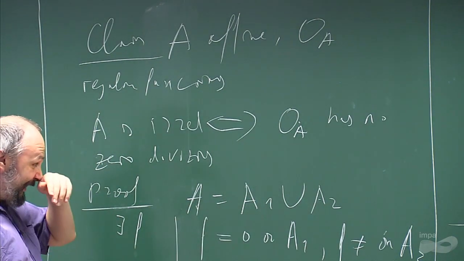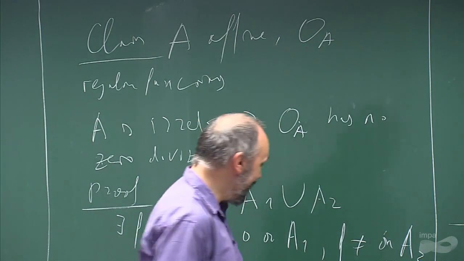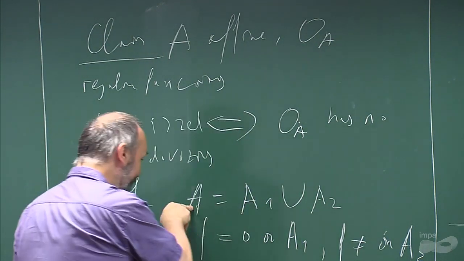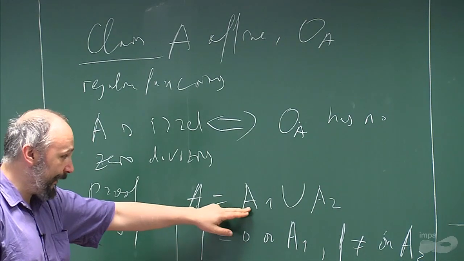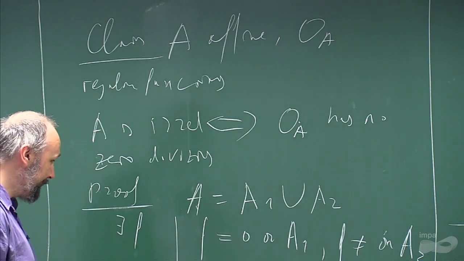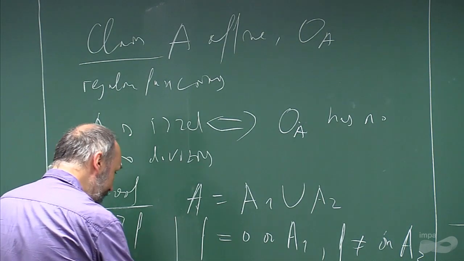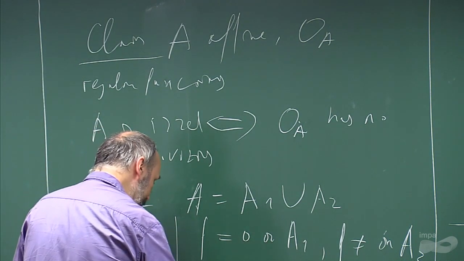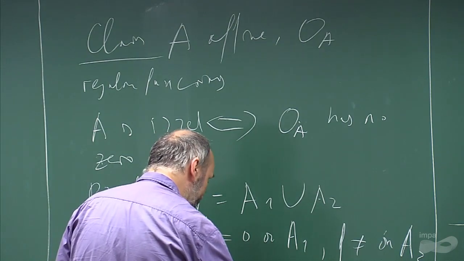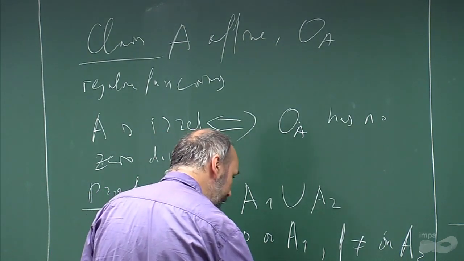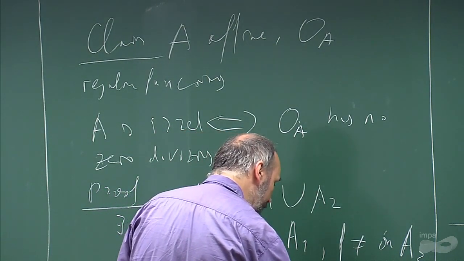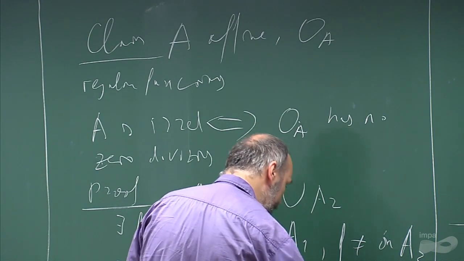So this would mean that A1 contains A, if all functions which vanish on A1 vanish on A. So such a function exists, and there exists g such that g is equal to 0 on A2, g not equal to 0 on A1.